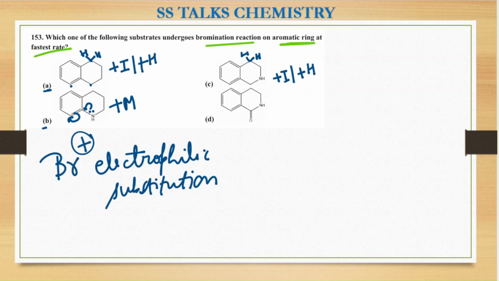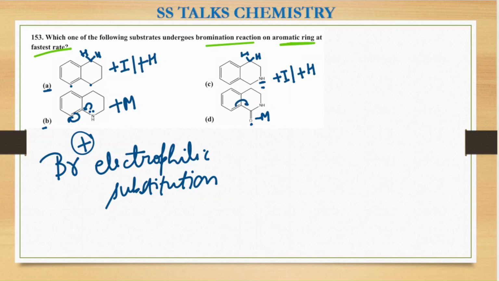But here the nitrogen atom is present, and being an electron withdrawing group it will withdraw some amount of the electron density. So as compared to molecule A, the inductive or hyperconjugation effect will be applied to a lesser extent. Okay. Whereas in molecule D, the carbonyl species that is present is going to withdraw the electron density from the benzene ring.